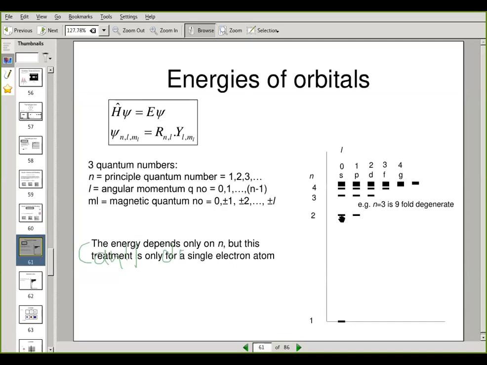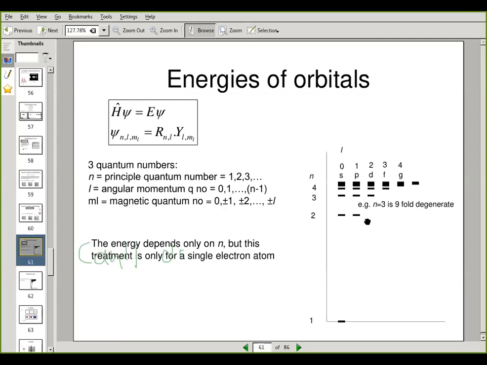For L equal to 1, you've got ML equal to 0, plus or minus 1. So at energy level 2, you've got 4 solutions with exactly the same energy: the 2s, the 2px, the 2py, and the 2pz. So it's 4-fold degenerate.